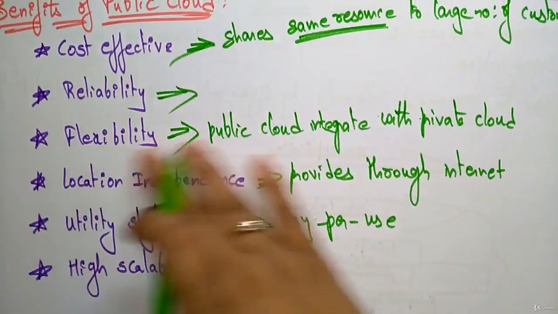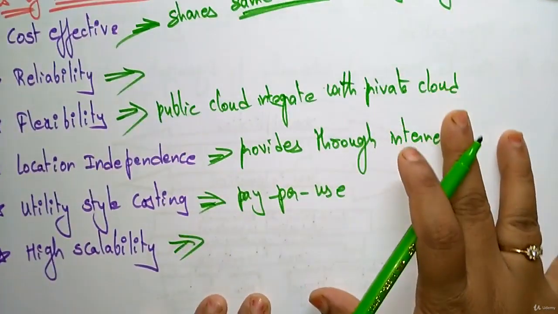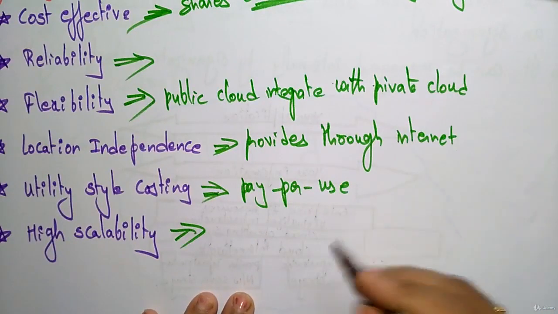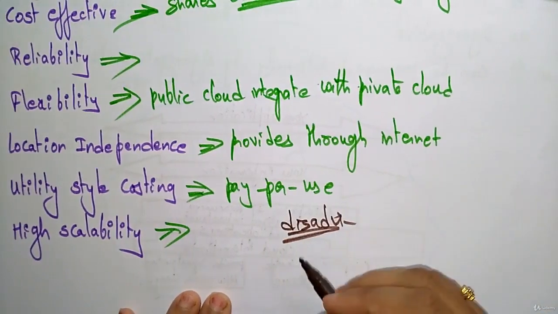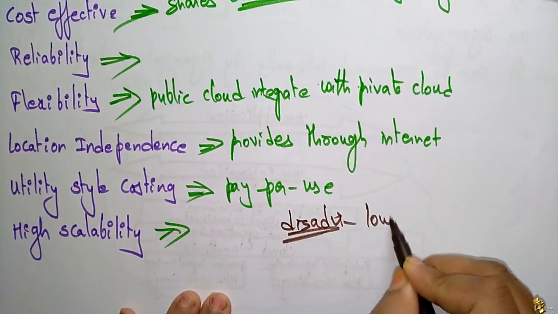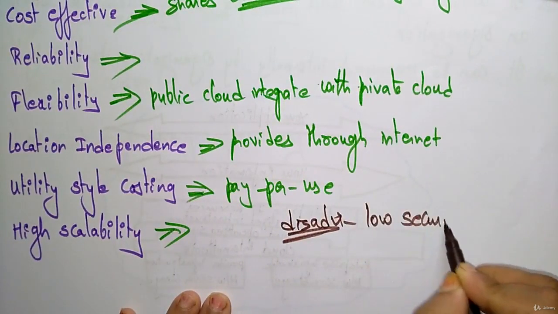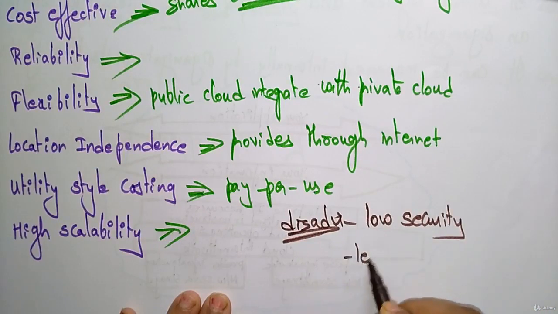So these are all the benefits and advantages of the public cloud, and there are some disadvantages also in public cloud. So what are the disadvantages? The main disadvantage of public cloud is low security and less customizable.